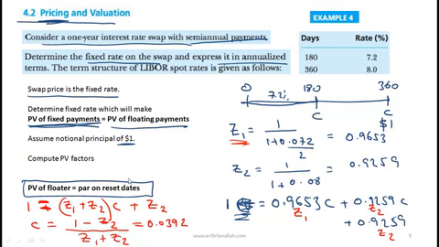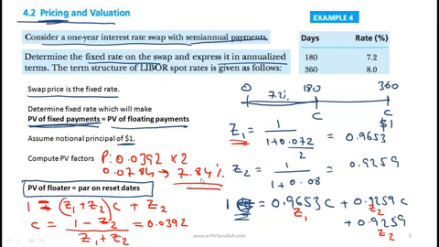It is, so the price or the fixed rate is equal to 0.0392 multiplied by 2, which will effectively come out to be 7.84%. So 0.0784, which is 7.84%. So what does this represent? This is the price of the swap. It's the rate that the fixed rate payer needs to pay.